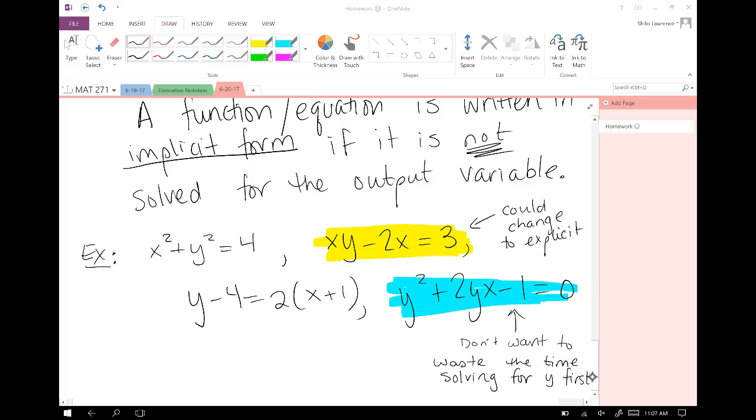The key here with implicit differentiation is you have to remember that y is a function of x. Y is a function of x, but when it's written implicitly, we don't know what y is equal to in terms of x. The y is all jumbled in with the x's, okay?